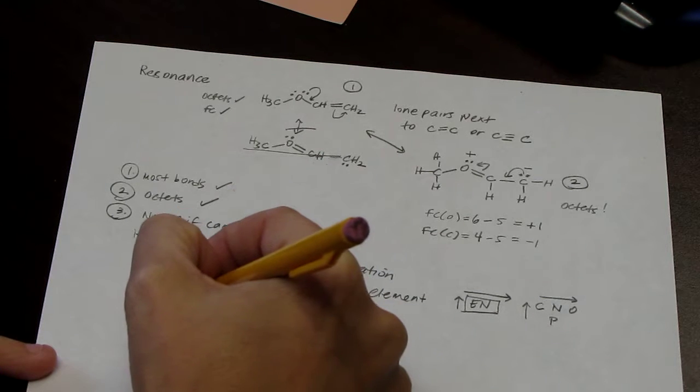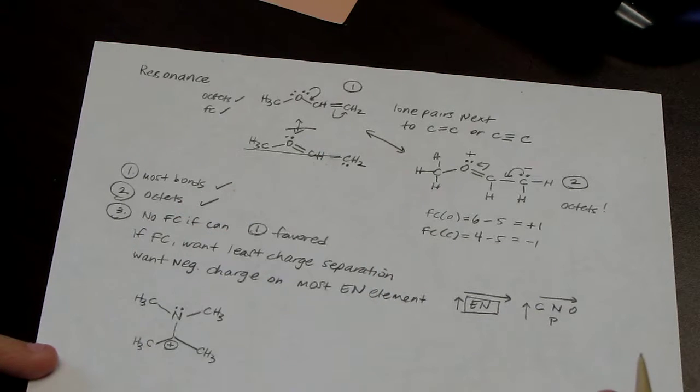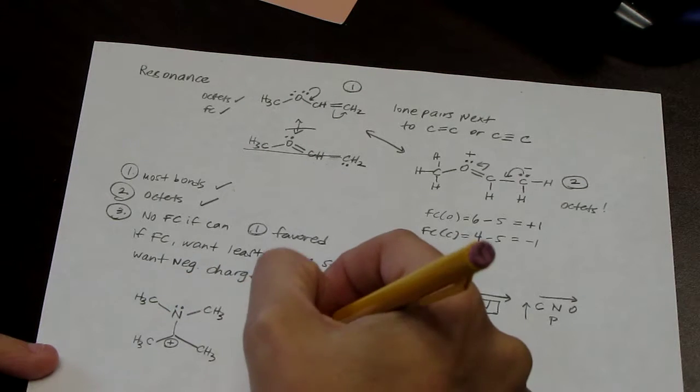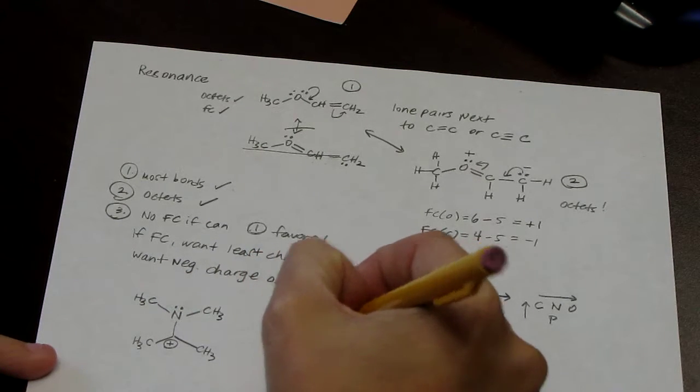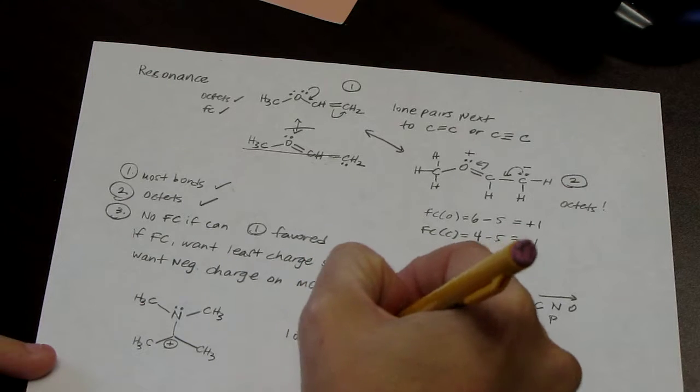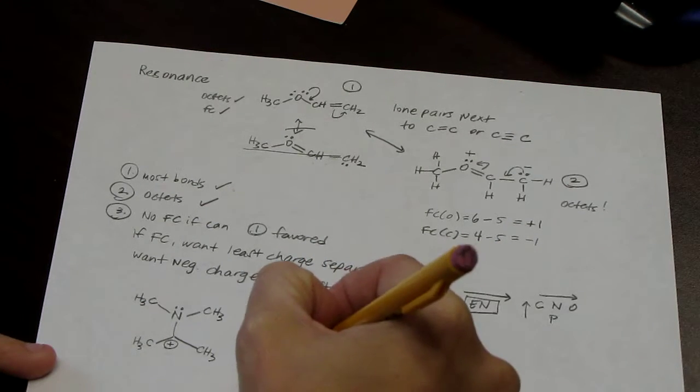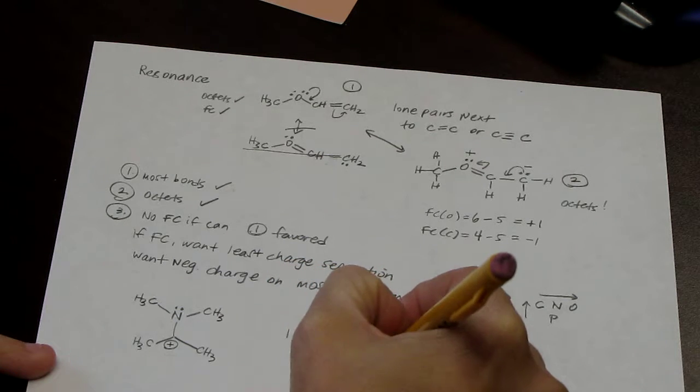Remember that the nitrogen will have the lone pair to meet the octet, so you want to look for lone pairs next to either a plus charge or to something not having an octet.